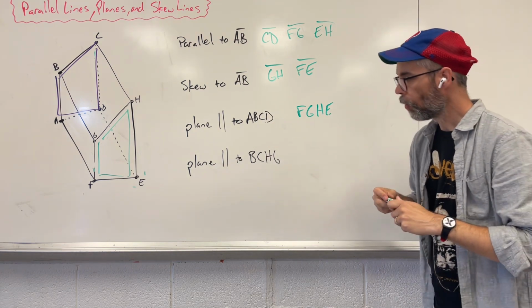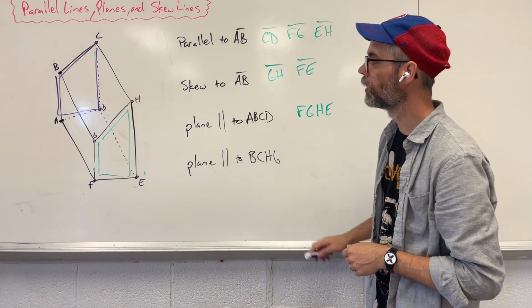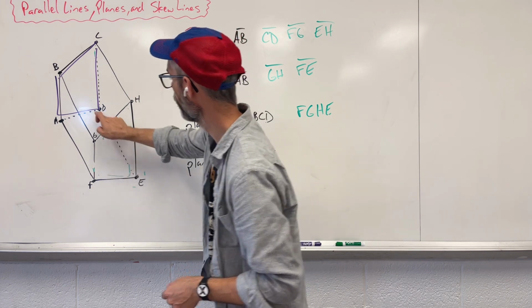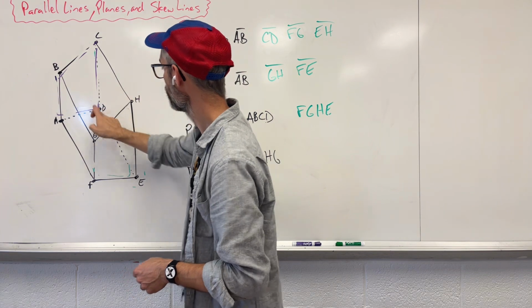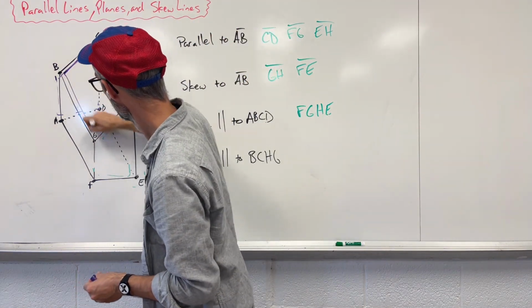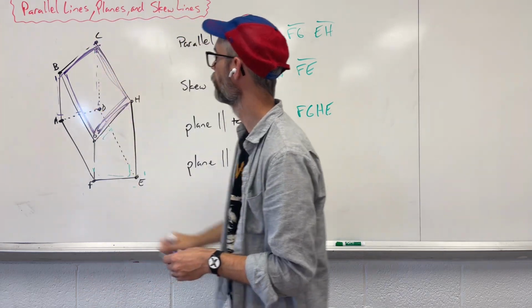And finally, what matches up with plane BCHG? First off, where is BCHG? We'll get rid of some of this. Now, BCHG is going to be the roof of this house, so to speak.